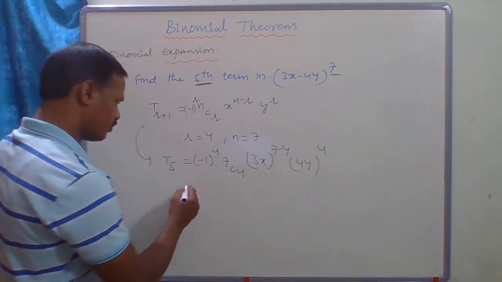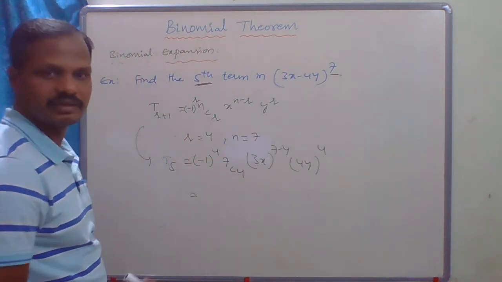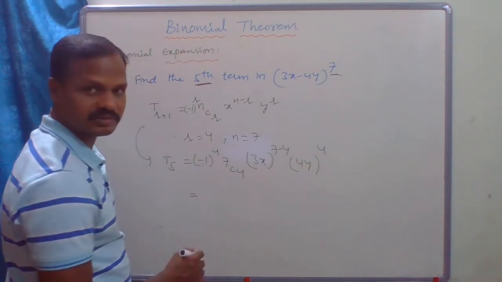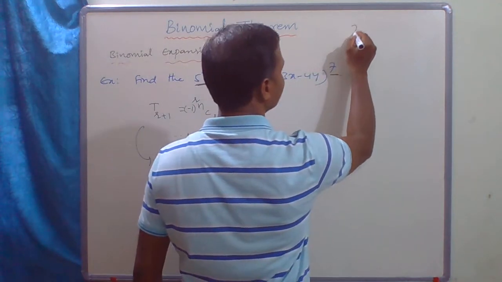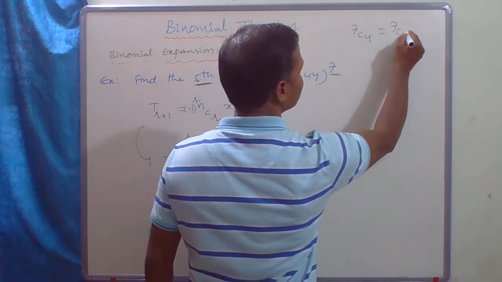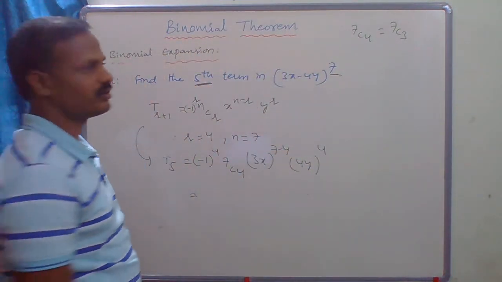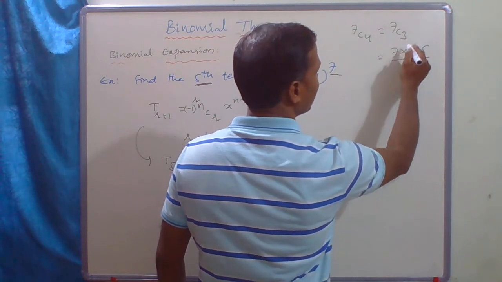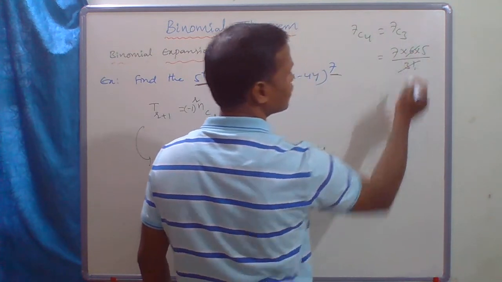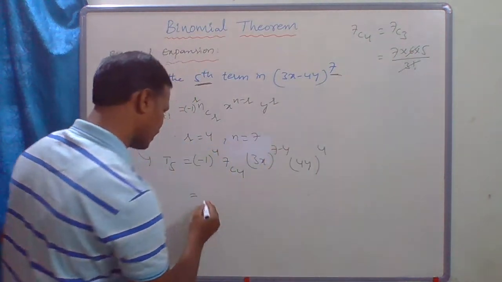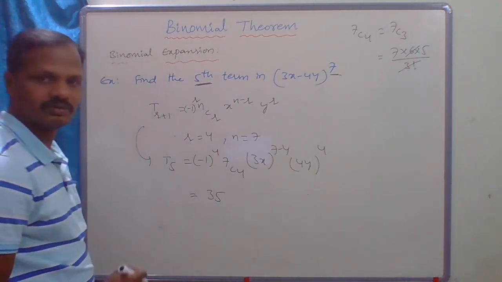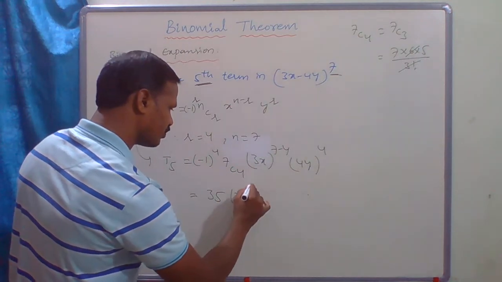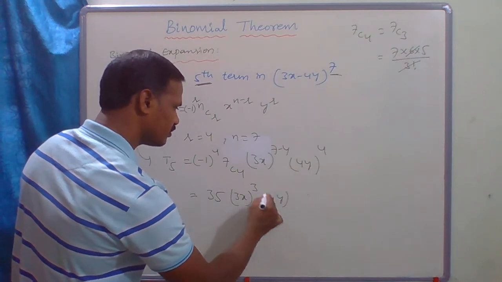Clear? Now this is equal to (minus 1) power 4, which is 1, times 7c4. 7c4 is nothing but 7c3, since ncr equals nc(n minus r). So this equals 7 into 6 into 5 by 3 factorial. 3 factorial means 6, so it equals 7 into 5, which is 35. So this is 35 times (3x) power 7 minus 4, that is (3x) power 3, times (4y) power 4.